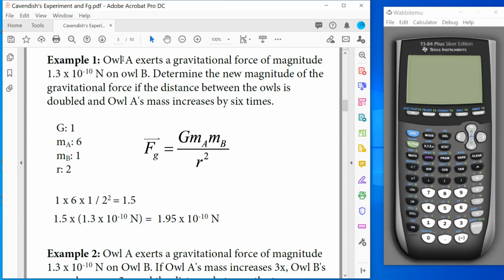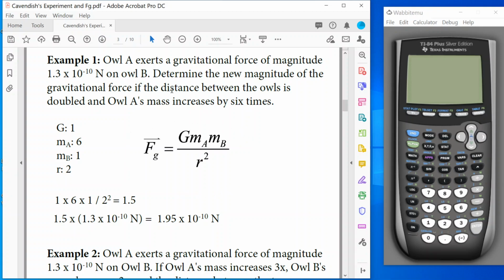So it says owl A exerts a gravitational force of magnitude 1.3 times 10 to the negative 10 newtons on owl B. Determine the new magnitude of the gravitational force if the distance between the owls is doubled and owl A's mass increases by 6 times. When you do a proportion problem like this one, you're going to identify the formula.